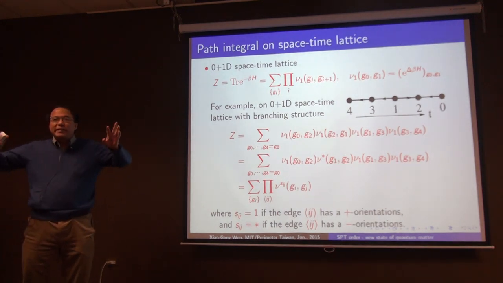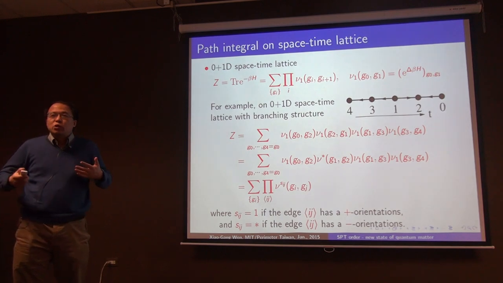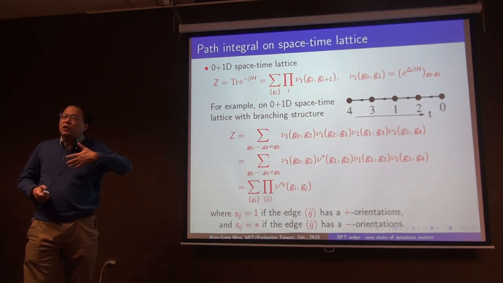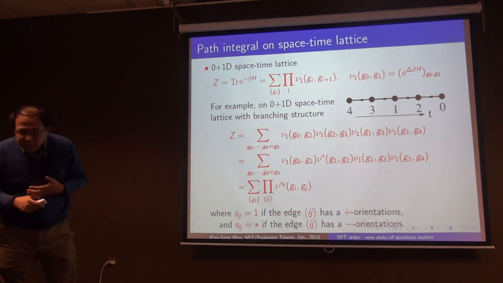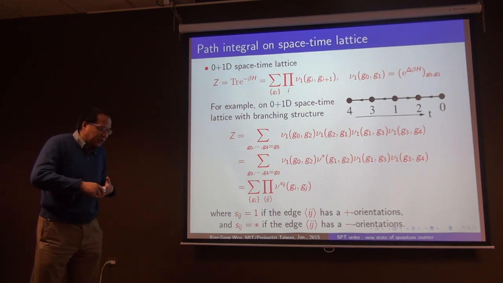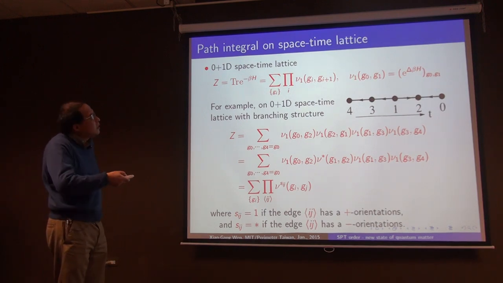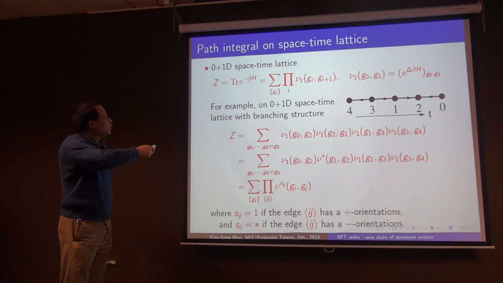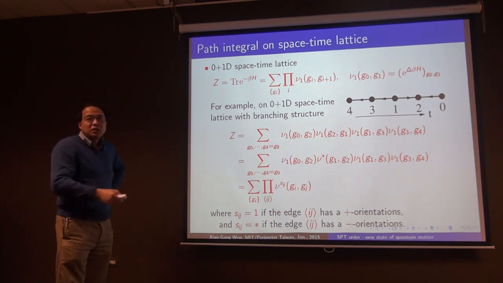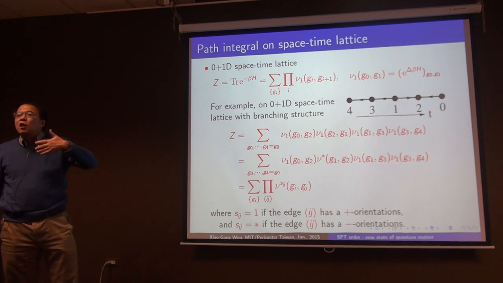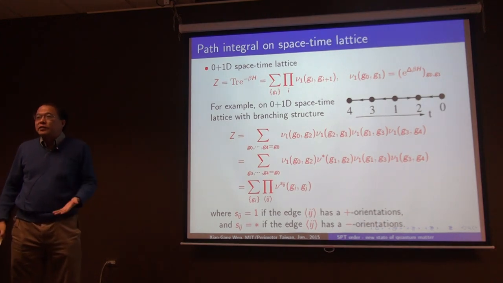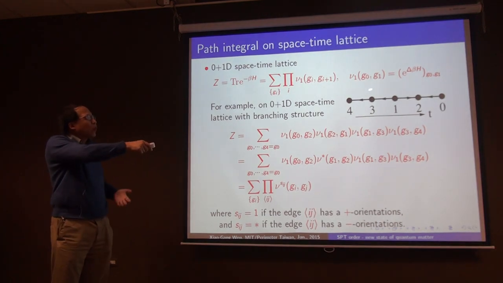So this is basically the rule used to construct a path integral on the space-time lattice. Now we can forget about this Hamiltonian and say the choice of this tensor is the choice of a Lagrangian or Hamiltonian. We can pick any tensor we want.